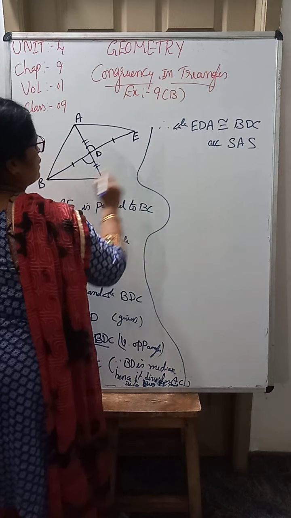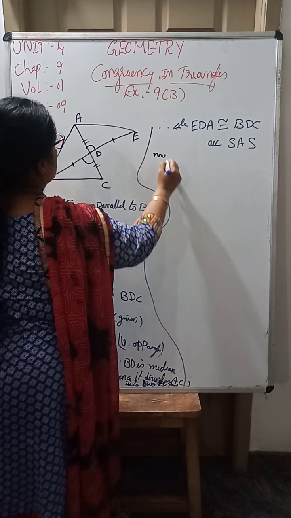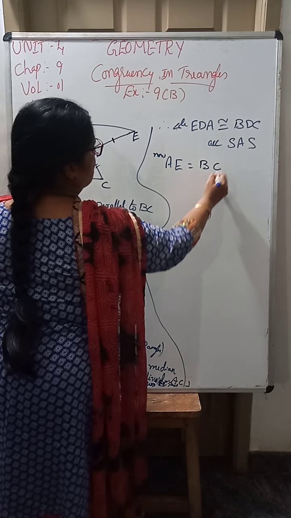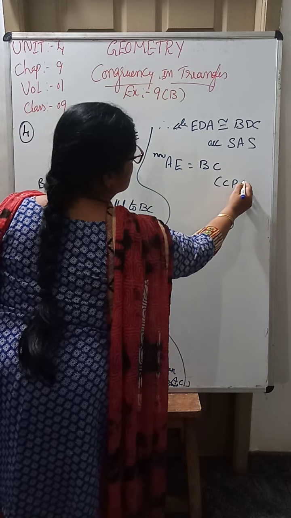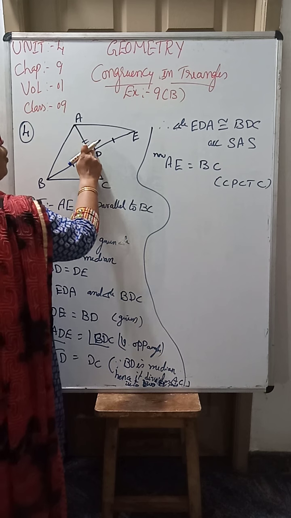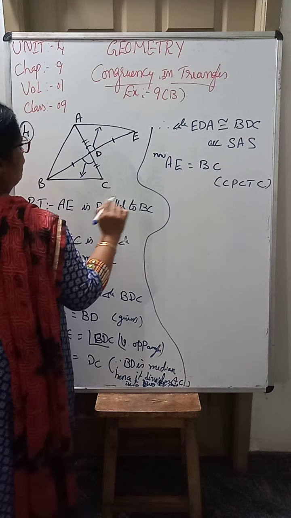Hence these two triangles are congruent, we have proved. Now AE is equal to BC according to CPCTC. Here these two angles are equal, opposite to that these sides are also equal.